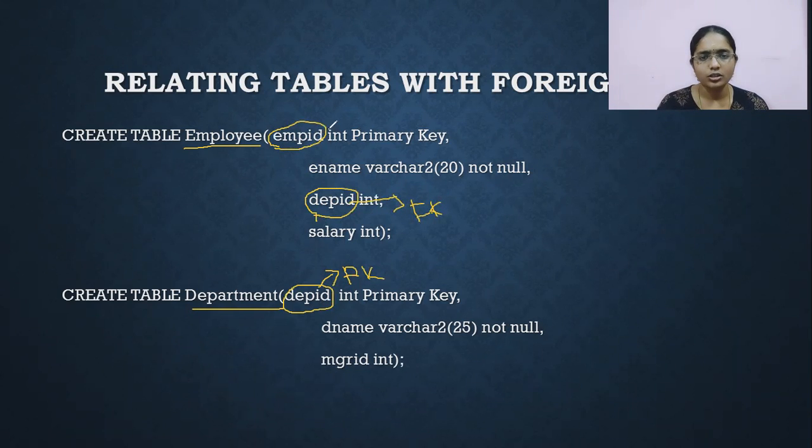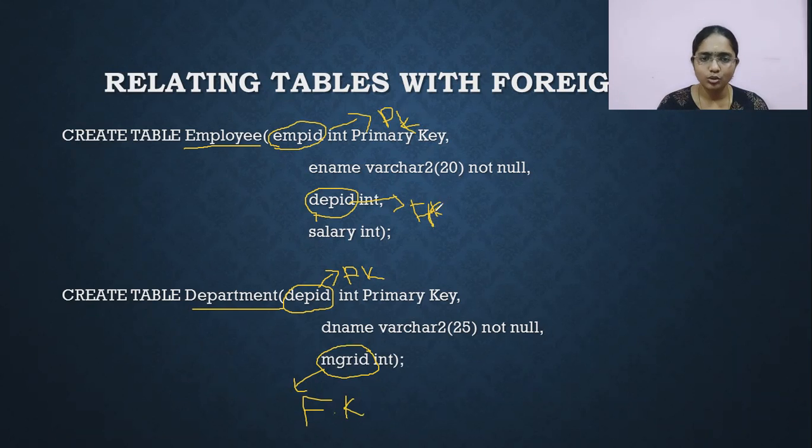In the same way, in this table I can make employee ID my primary key, and here the employee will be the manager, right? Not all employees are going to be managers, but a few employees are going to be managers, right? So I can make this particular key a foreign key. So the primary key of one table will act as a foreign key of another table.